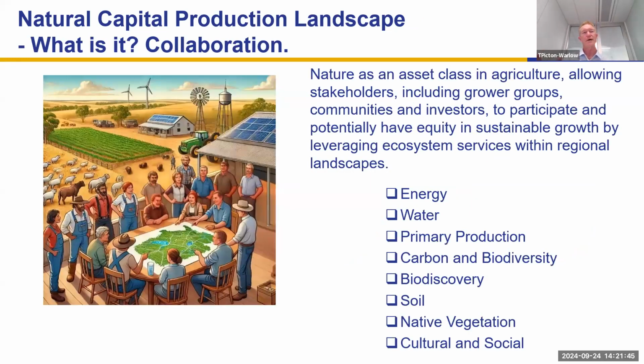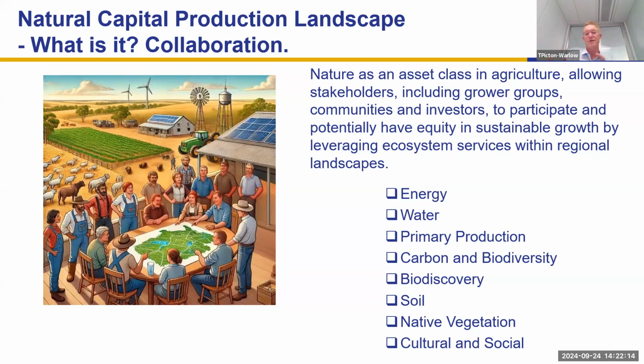The other thing that I want you to remember today is collaboration. That's a really important concept that underpins this whole project, because at a regional scale, you have to collaborate, and you've got many different stakeholders, including grower groups, communities, investors, Aboriginal groups that will need to collaborate and participate and potentially have equity in sustainable growth by leveraging these ecosystem services within the regional landscapes.